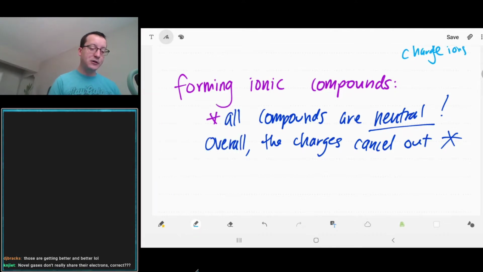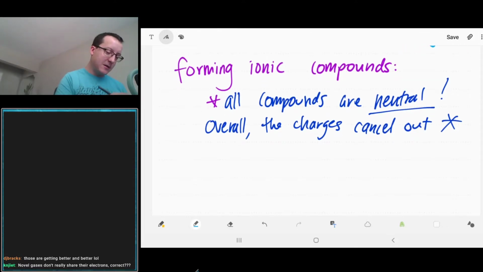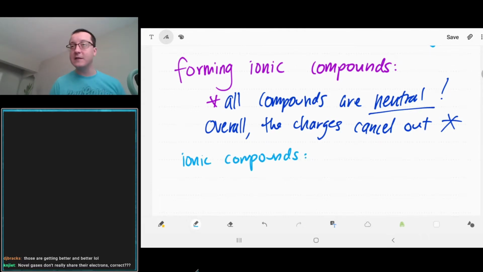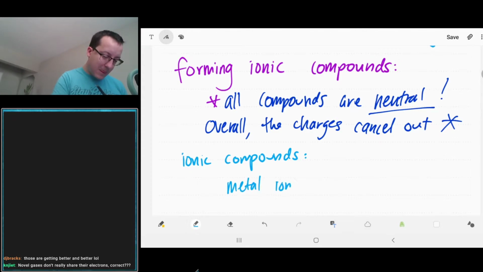Compounds by definition must be neutral, but they will not have charges if they're not ionic. We're going to see examples of that probably tomorrow. But today we're talking about ionic compounds. Ionic compounds generally follow this form. They're going to be a metal ion plus a non-metal ion.